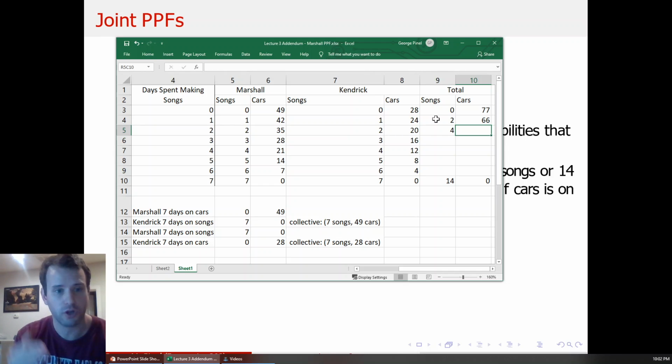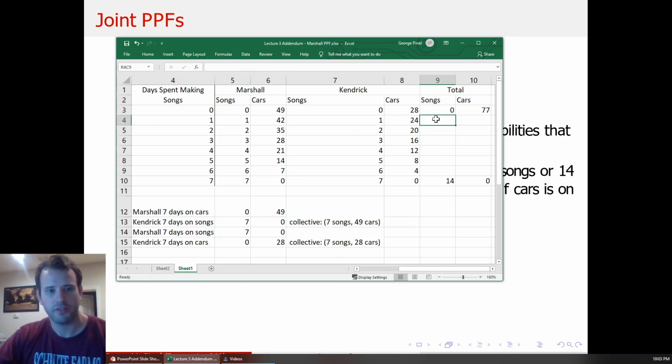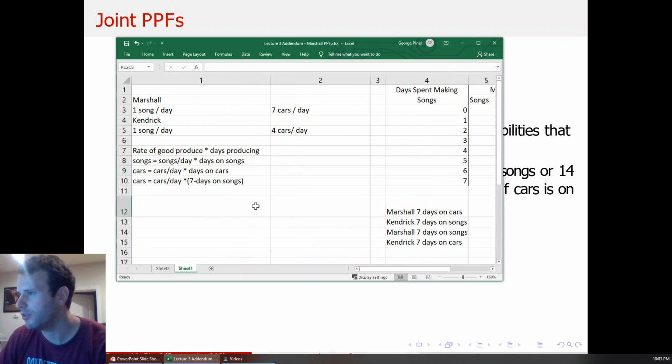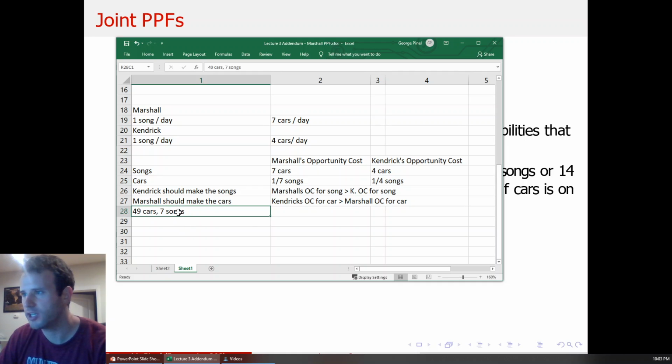We want to think about the person who has the lower opportunity cost doing the thing they have the lower opportunity cost in, until they can't. So basically, we're going to have a point where there's complete specialization. At some point, we're going to have the Marshall-Kendrick combined allocation of 49 cars, 7 songs, okay?